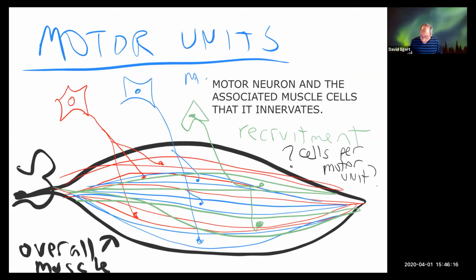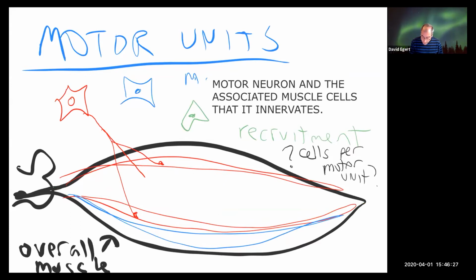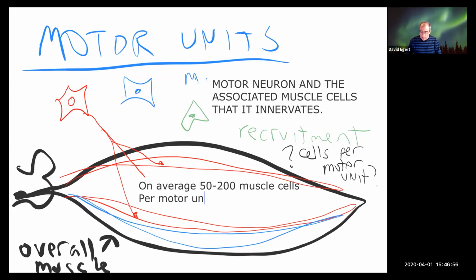I would say, on average, maybe 50 to a couple of hundred muscle cells per motor unit, meaning that you can add or subtract force in amounts of 50 muscle cells, in something like your biceps brachii.